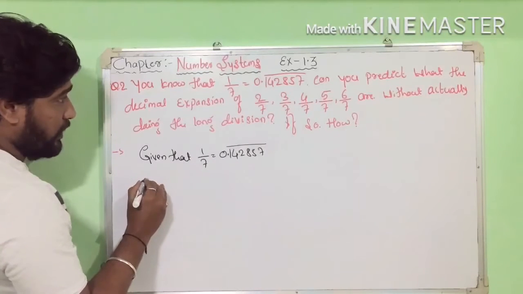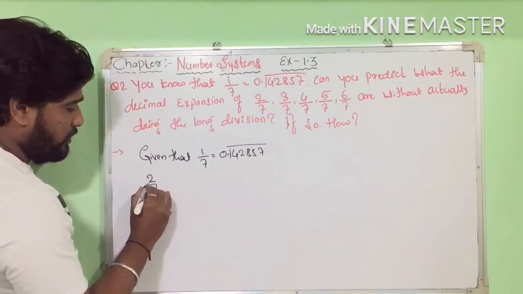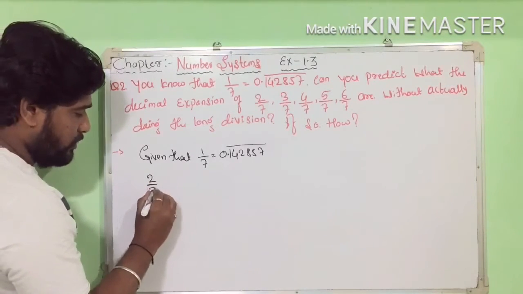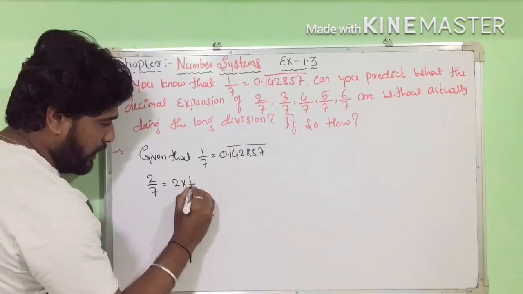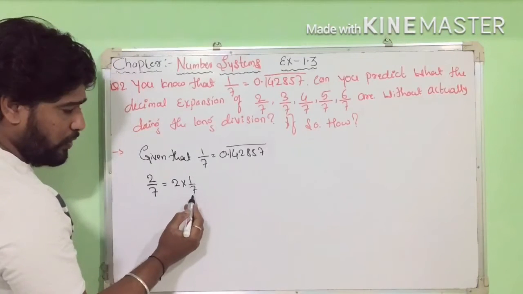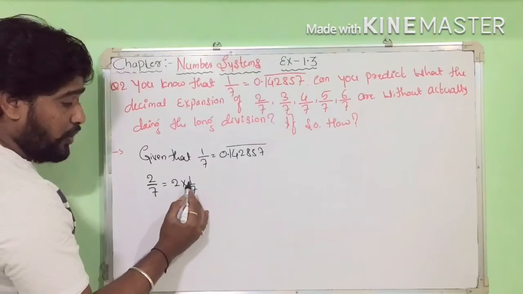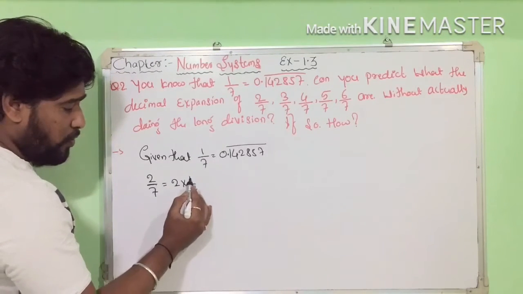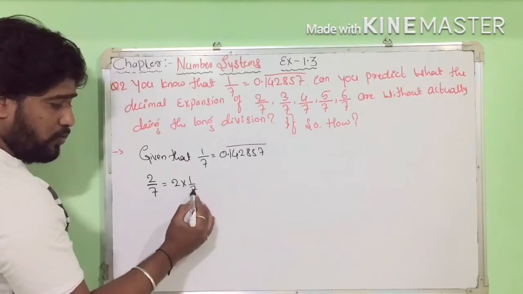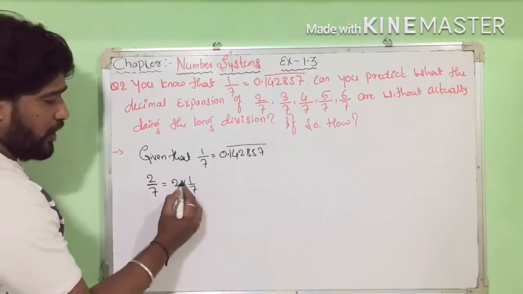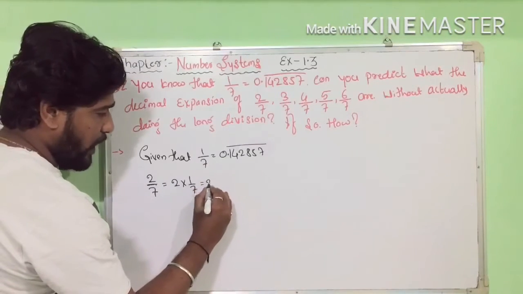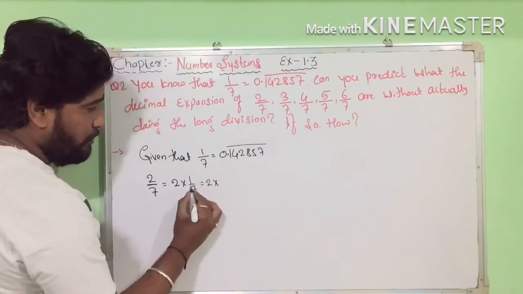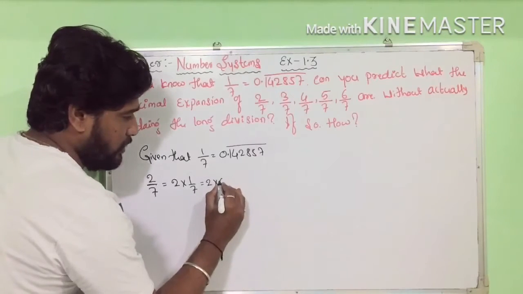The first one they have given is 2 by 7. We can write 2 by 7 as 2 into 1 by 7. It is not 2 integer 1 by 7; 2 into 1 by 7 becomes 2 by 7, numerator multiplication, denominator multiplication. Is it clear? So now 2 as it is, into the value they have given for 1 by 7. Write it.